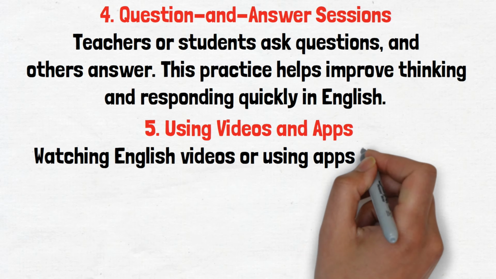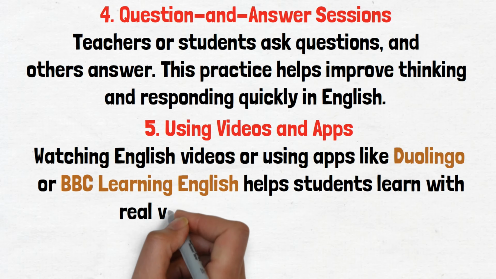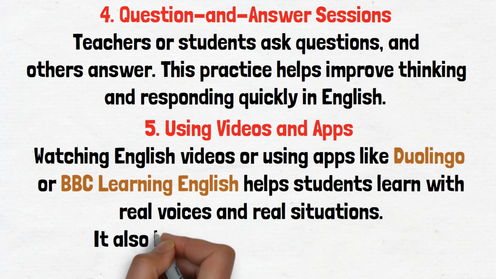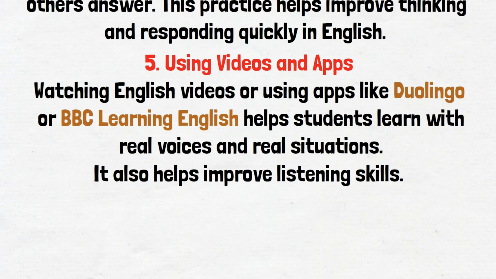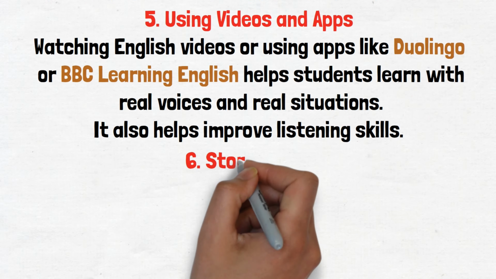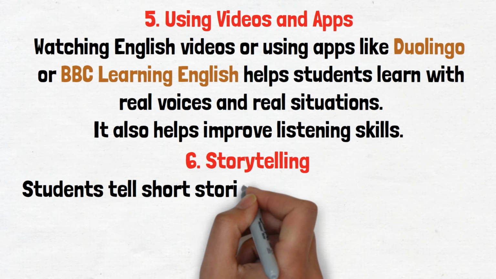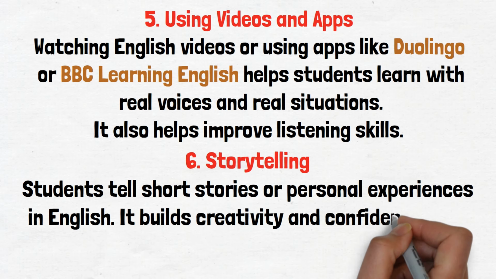This practice helps improve thinking and responding quickly in English. 5. Using videos and apps. Watching English videos or using apps like Duolingo or BBC Learning English helps students learn with real voices and real situations. It also helps improve listening skills.